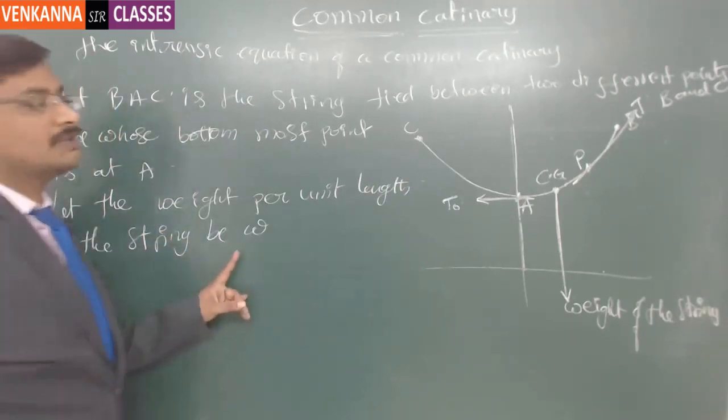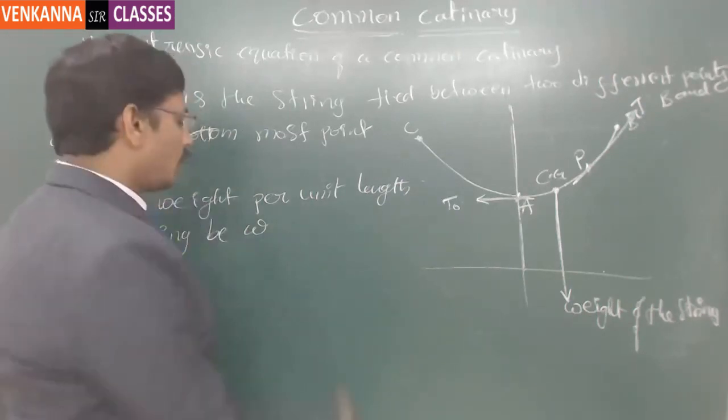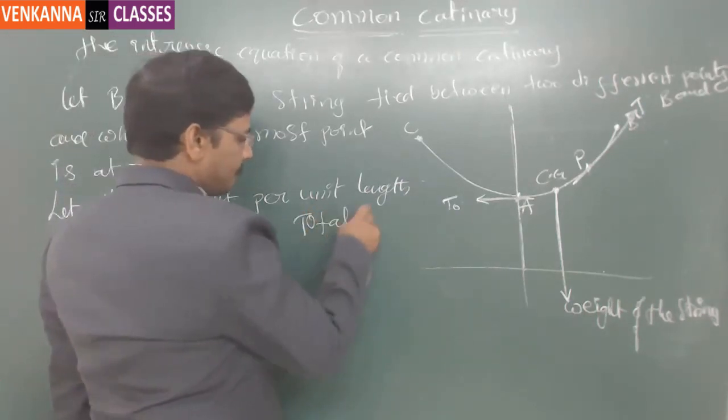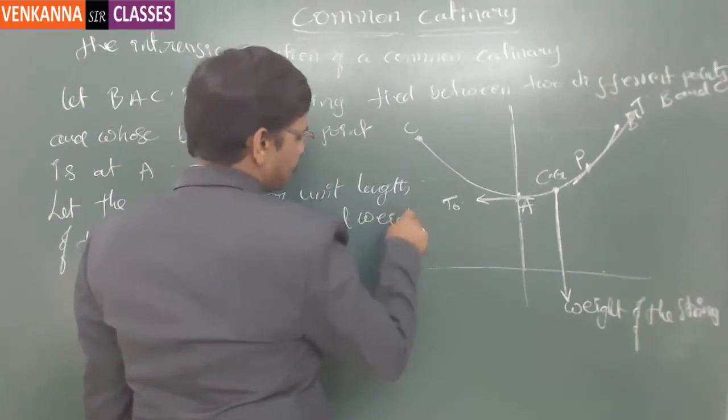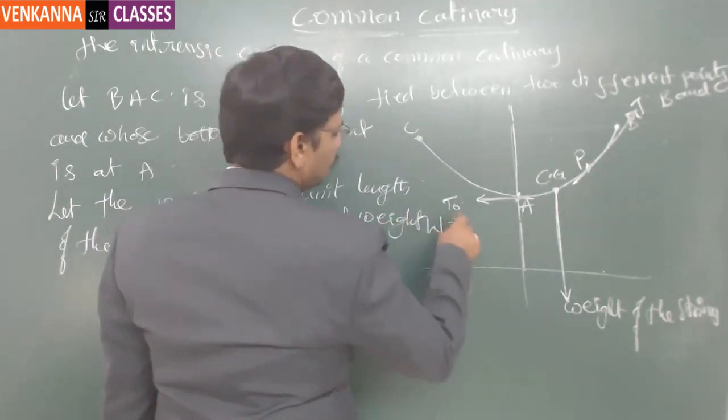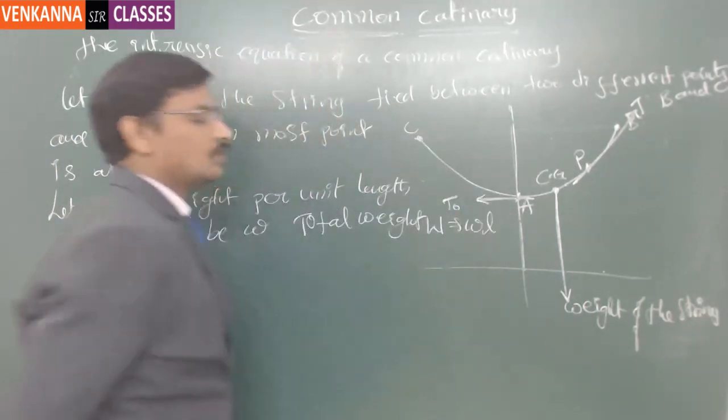So small w is the weight per unit length. Now total weight is nothing but W is equal to small w into L. So this is the total weight of the string.